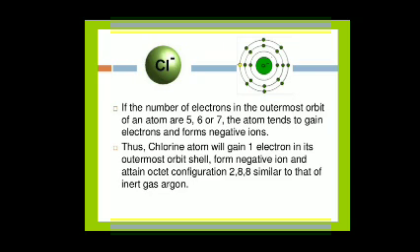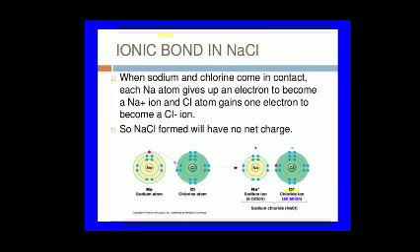This is how the chlorine atom forms when it gains one electron from the sodium atom.